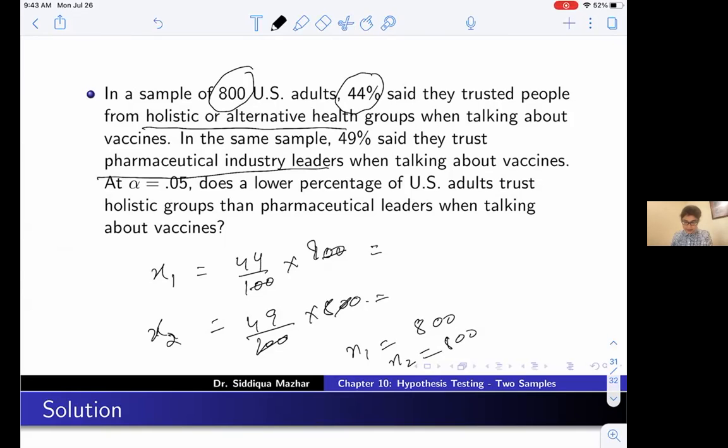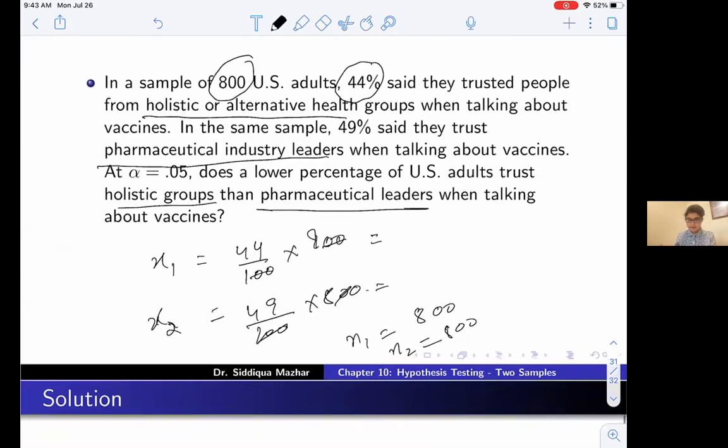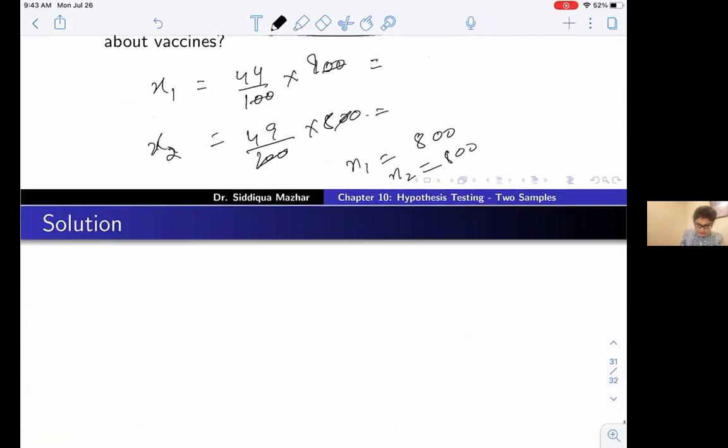So it says that holistic groups is less than the pharmaceutical leaders. It means people who trust holistic groups is less, so prop 1 is less than prop 2, you have to write down. Then you have to calculate the value of P after that. Let me do it for you.